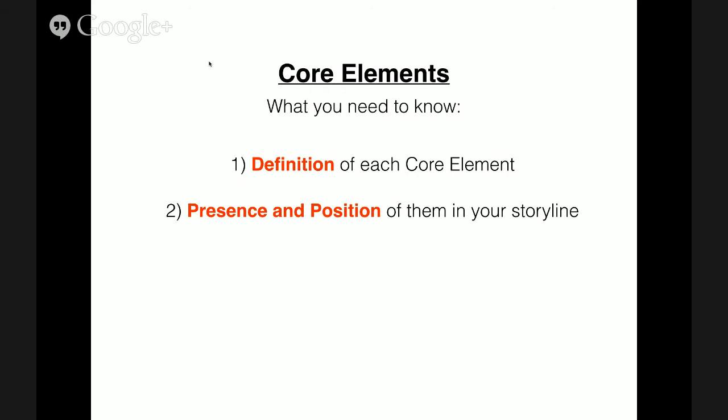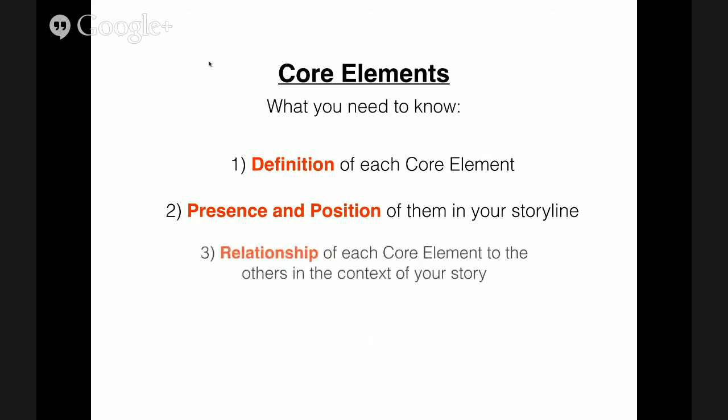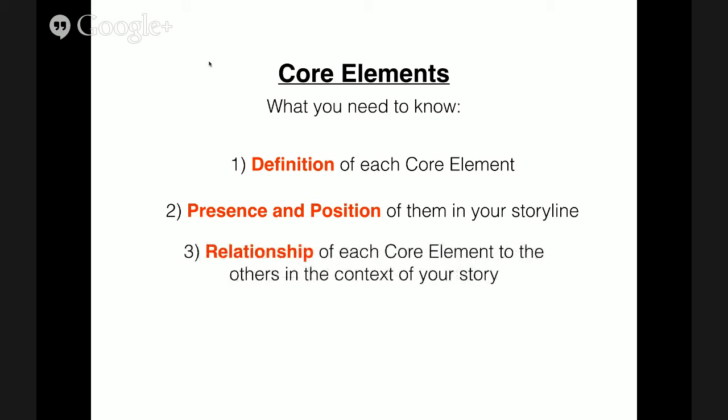Assuming your movie lasts more than 30 minutes, they're going to come up against more things, and each of these things can be labeled with a core element. Third thing is the relationship of each core element to the others in the context of your story. So the definition, the presence of these core elements in your story, and the relationship of the core elements in your story to each other.